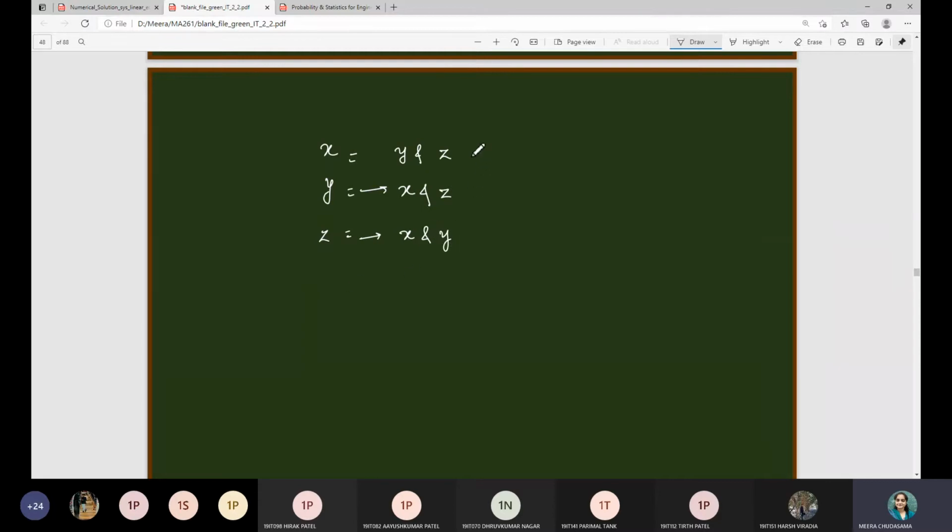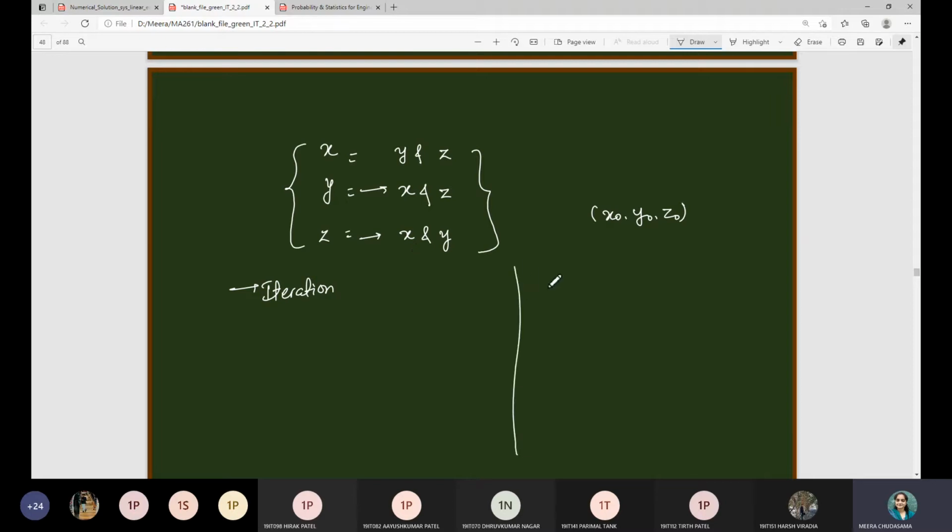And we consider this entire system simultaneously in one iteration. If we are doing iteration 1, the initial approximation we have considered is, suppose, x0, y0 and z0. So we substitute the values x0, y0, z0 simultaneously in these three equations, right?